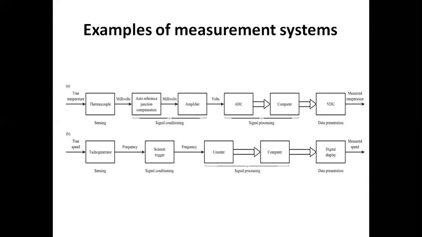The second diagram shows an example of a speed measuring system, a vehicle speed measurement system, where your sensing element is a tachogenerator. A tachogenerator is able to take the rotations of the wheel of the vehicle or the engine and convert those rotations to electrical signals, electrical pulses.